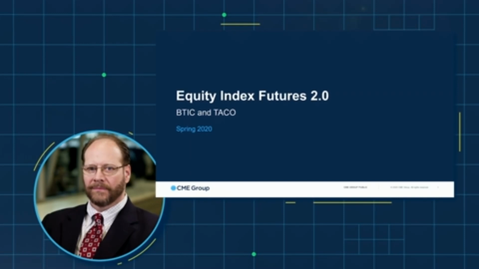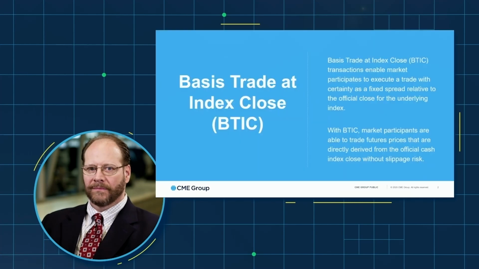We're going to continue our exploration of equity index futures and options with an investigation into BTIC and TACO. For those of you that may not be familiar with what those acronyms identify, BTIC is short for basis trade at index close, and we're going to investigate that now.